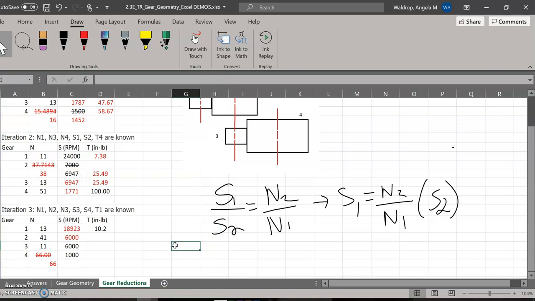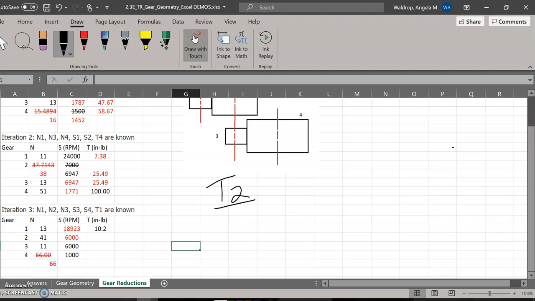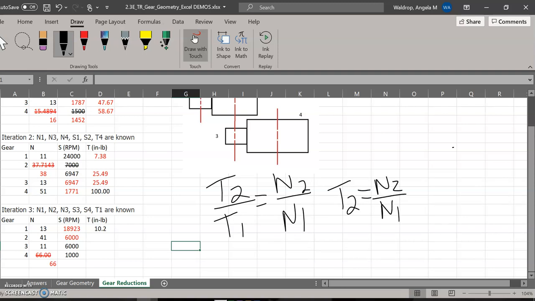Now the last set of calculations I need to do are for my torques. So I'm going to go ahead and get those set up now. Those will be pretty easy to do. Okay, so I have T1, I need to find T2. And I always like to use the N's for these. So my torque 2 is going to be N2 over N1 times T1.